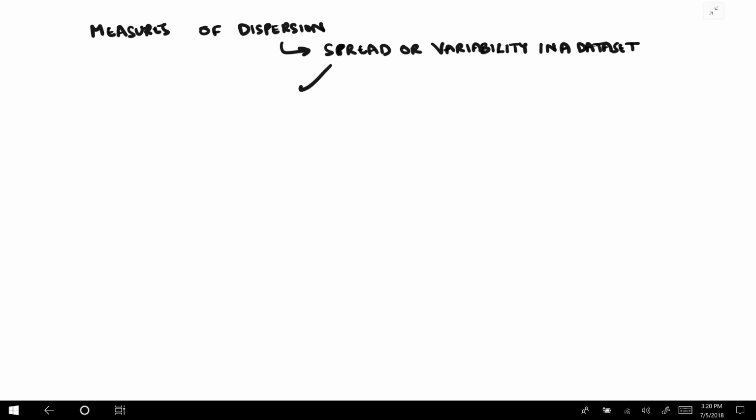So different measures of spread which we will learn are range, variance, and standard deviation.